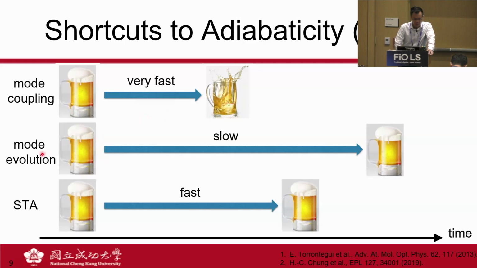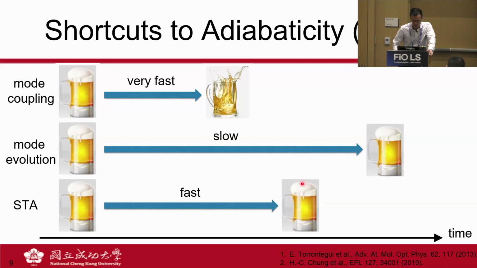And this mode evolution process can be seen as a robust process to transport this glass, but it takes a longer time. So you end up with a warm cup of beer, which I really hate. The shortcut to adiabaticity protocols are ways to get your beer fast and make sure it's cold.